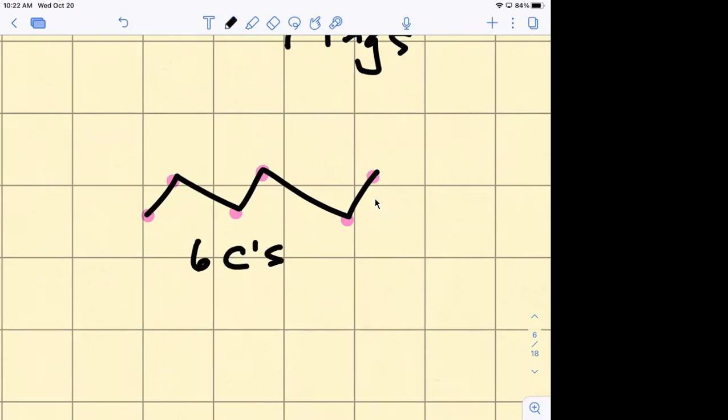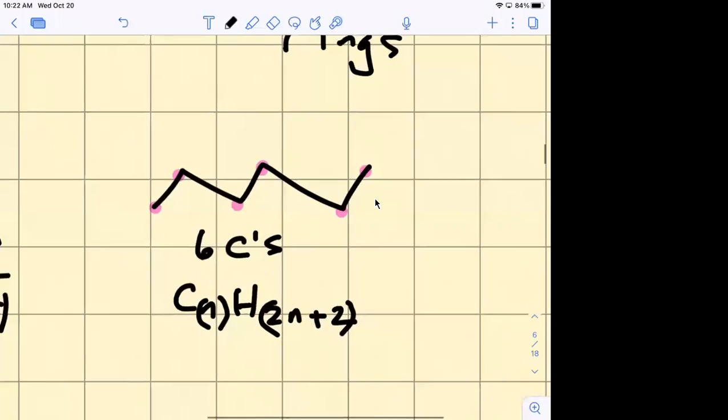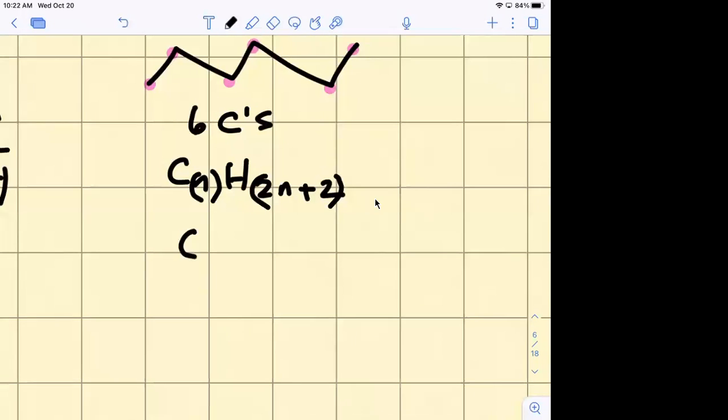The formula for that alkane is going to be CnH2n+2. So if I put in 6 for n, then H is going to be 2 times 6 plus 2, which is 14.